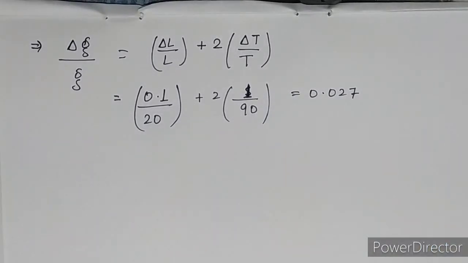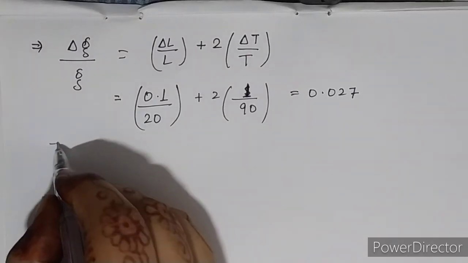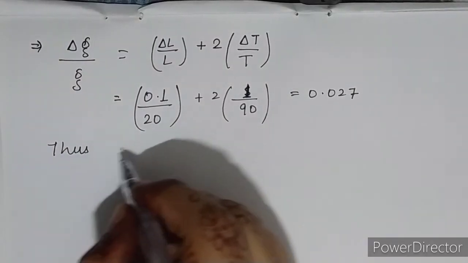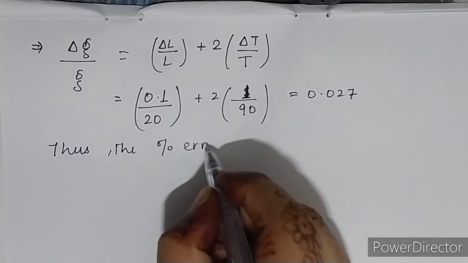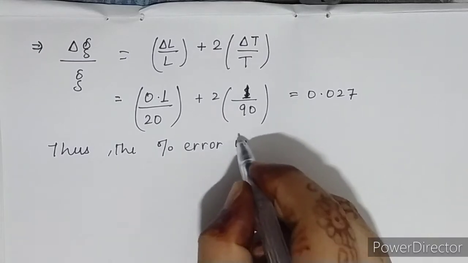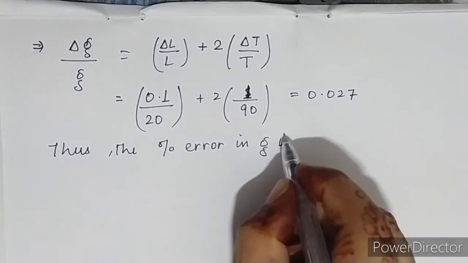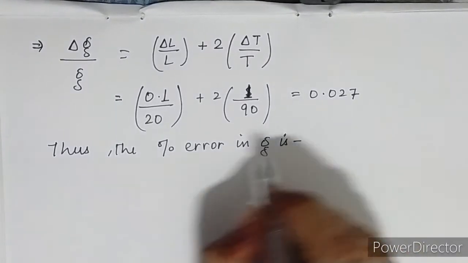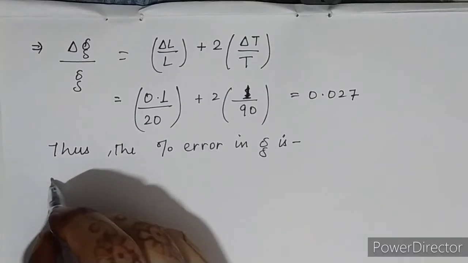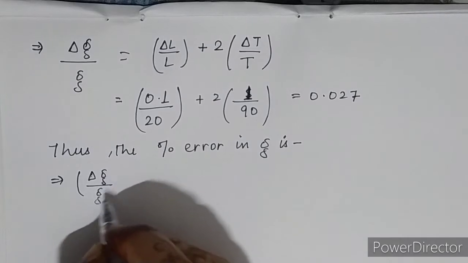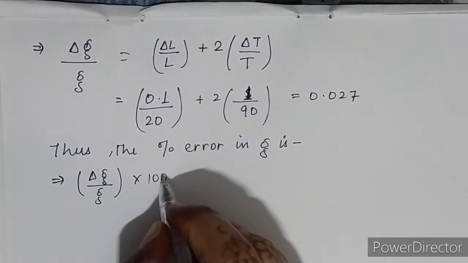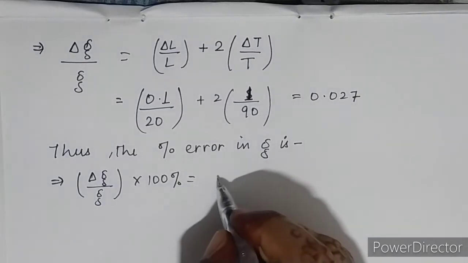0.027. Okay. Now this is the value of delta G upon G, but we have to find the accuracy. So we have to calculate its percentage value. Thus the percentage error in G is delta G upon G into 100%.